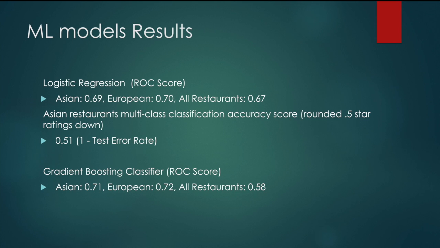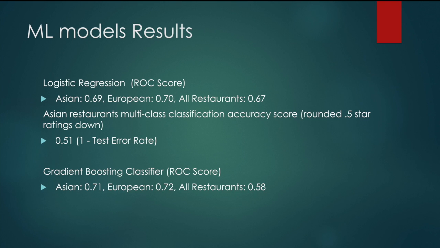For multi-class classification, it's a little harder because instead of having a binary target label, you have multiple class labels. So for star ratings, you have stars ranging from like 1 to 5, and we rounded down 0.5 star ratings just to get the number of total classes down to a smaller level.